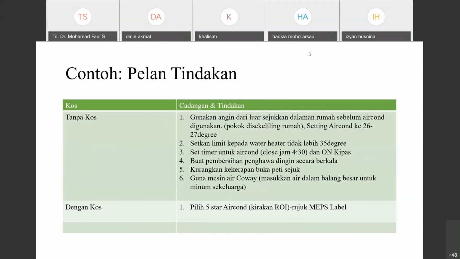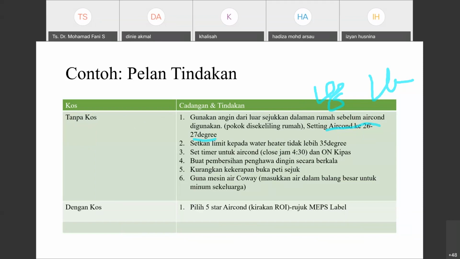For example, here use natural cooling inside the house, to blow the flow of air inside the house, and we can set the aircon to 26 or 27 degrees instead of 18 or 16 degrees. That's one example of a zero cost measure.